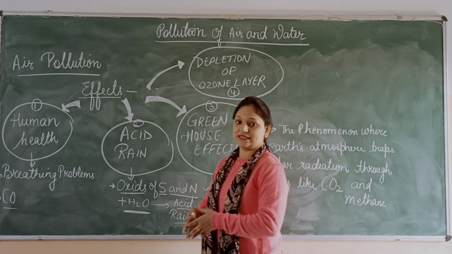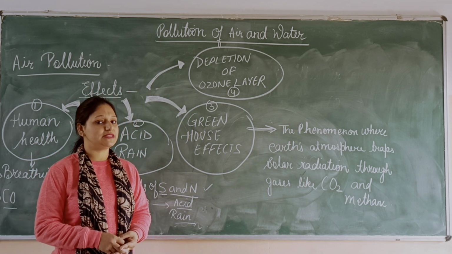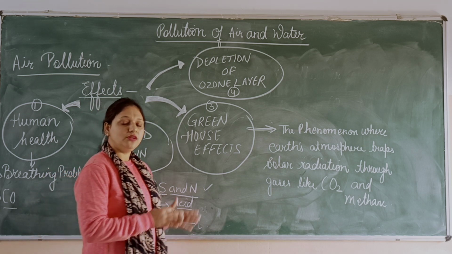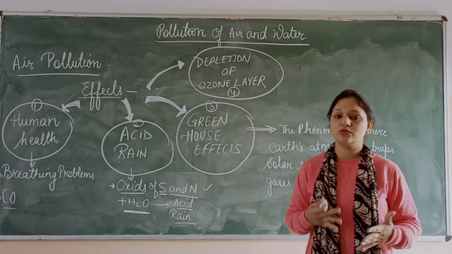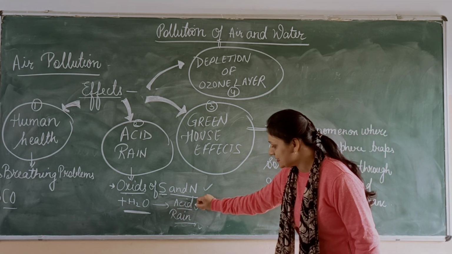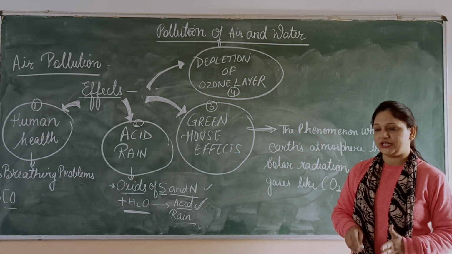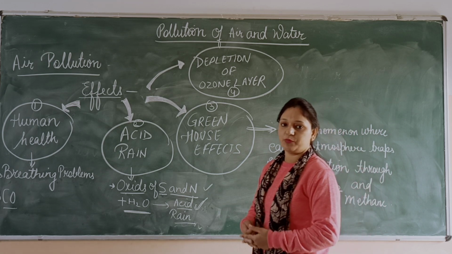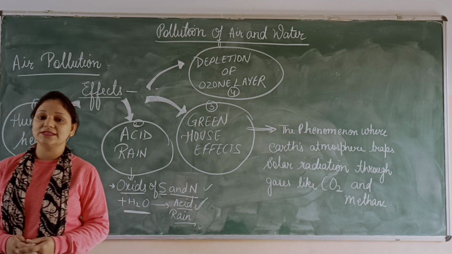And now let us discuss how this acid rain is poisonous or harmful for us. When it falls on water bodies like lakes, ponds, oceans, it will change the pH because it is acidic. If it changes the pH, then it will be very harmful and poisonous for aquatic organisms. What are aquatic organisms?